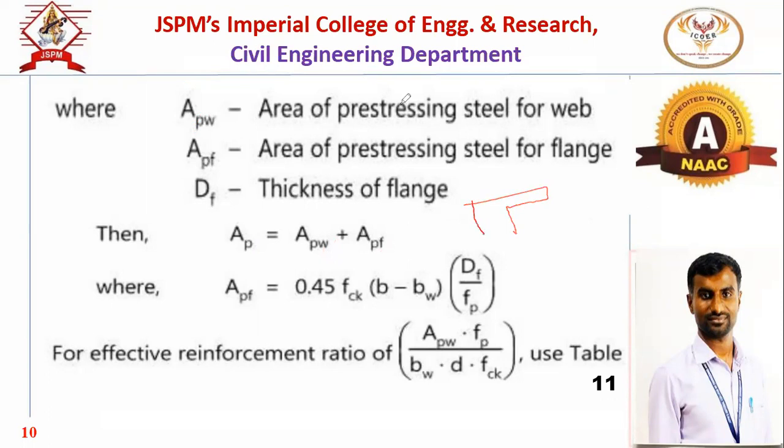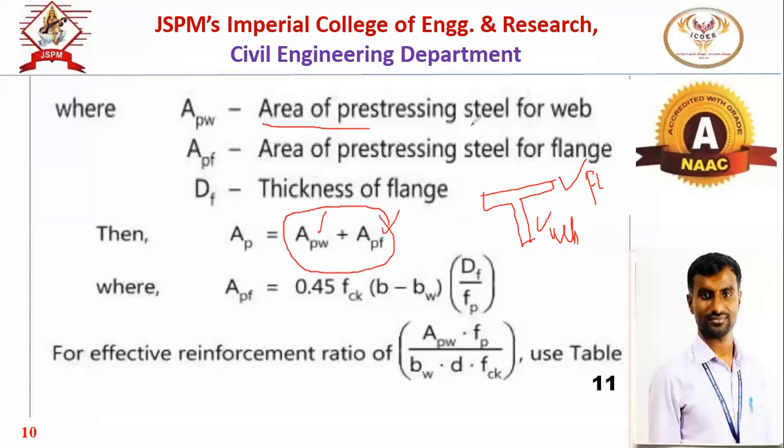For a T section we have two portions: this is the flange and this is the web. The total pre-stressing steel area will be the summation of area of pre-stressing of web plus area of pre-stressing of flange. That summation will give us the total pre-stressing steel in that particular section.